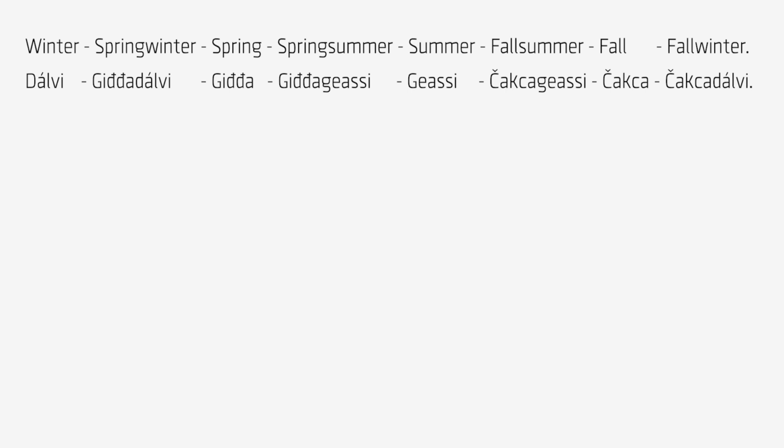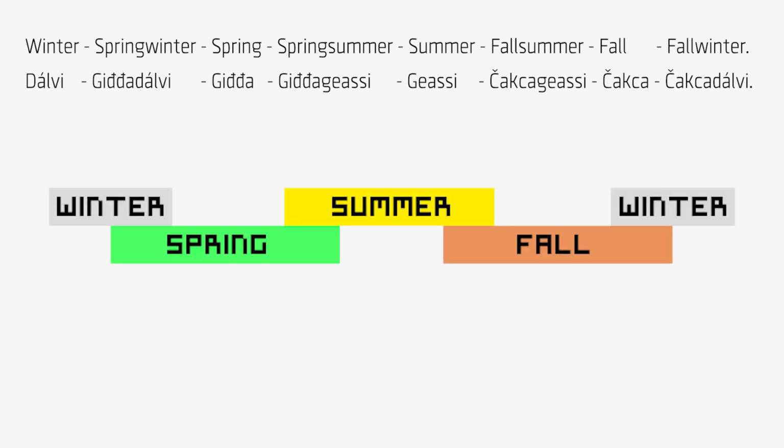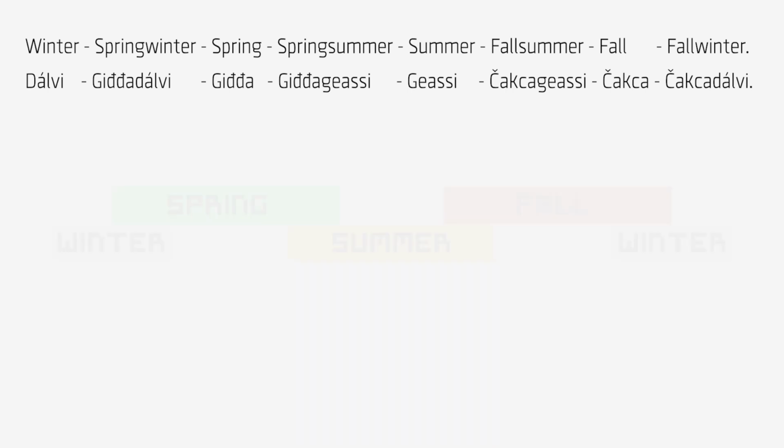There's fall winter, winter, and spring winter. However, spring is always the primary, as shown in spring winter, spring, and spring summer. So in this case, if we intend to visualize them in a linear manner, we probably cannot visualize them like this. We probably need to visualize them like this.